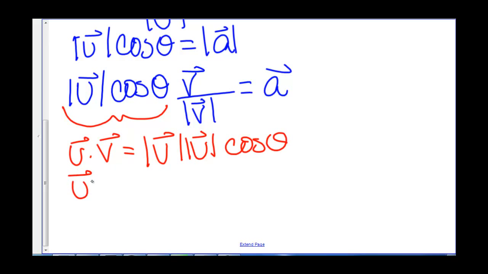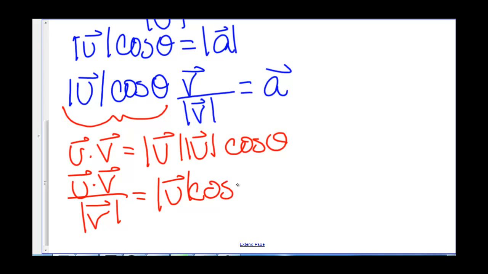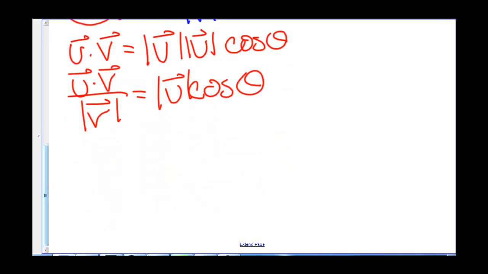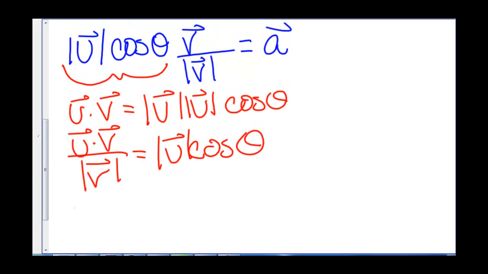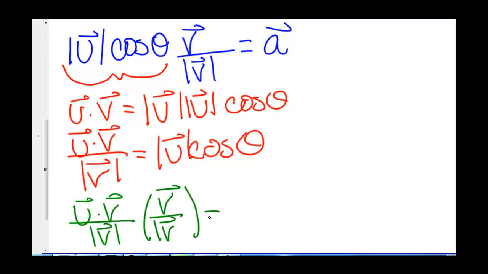So u dot v divided by the length of v equals the length of u times cosine of theta. So we're going to substitute that in. So we have u dot v over the length of v times vector v over the length of v equals our vector A.